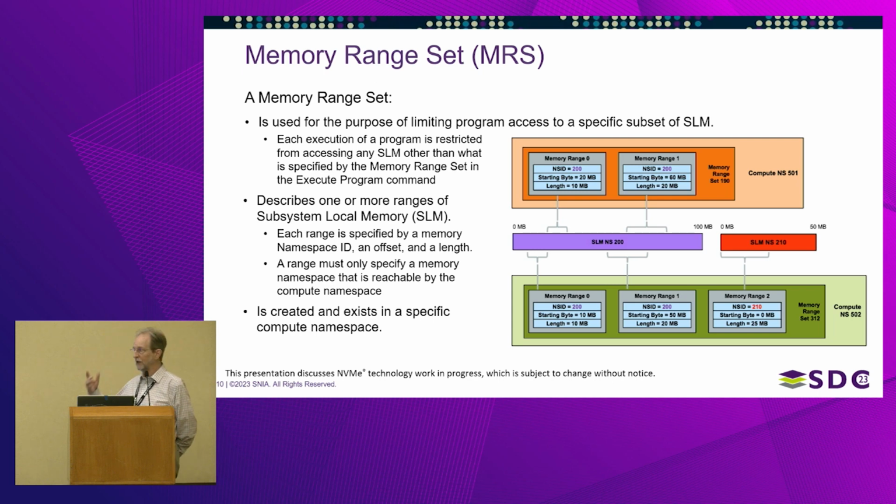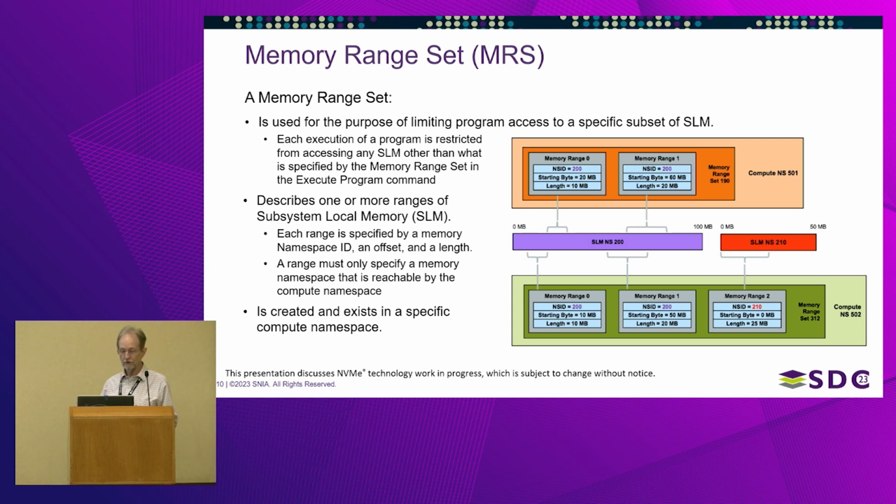So by having these two memory range sets have a piece that overlaps, it allows you to take the output from one compute and use it as the input for another compute.